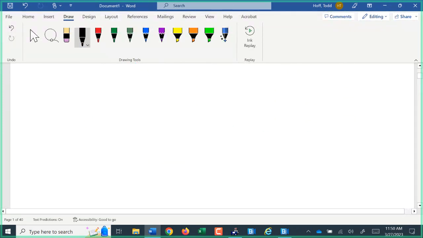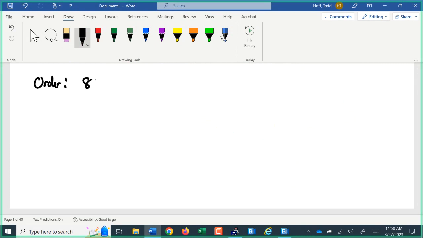Okay, let's look at an example of a fluid medication. So let's say the order is for 80 milligrams of elixir. Elixir just means it's a liquid medication.